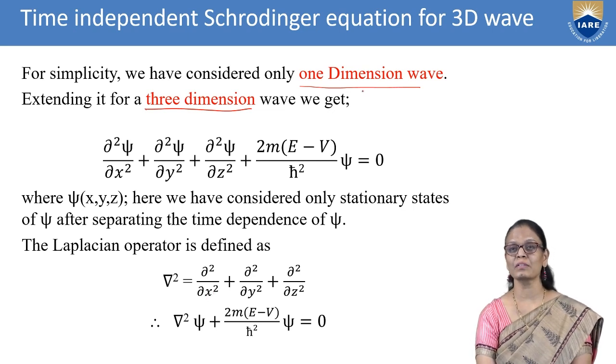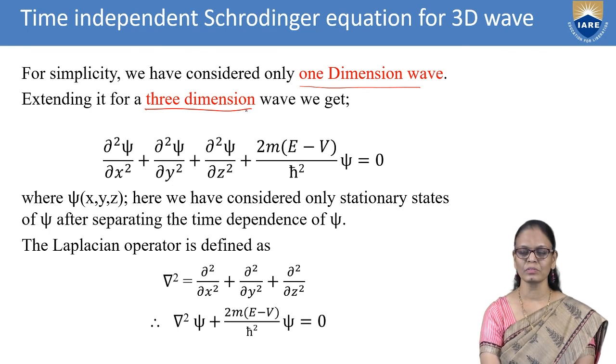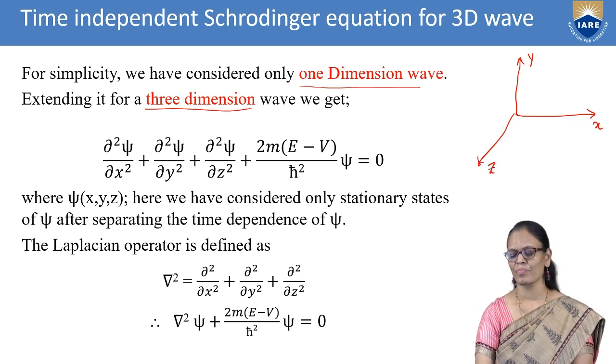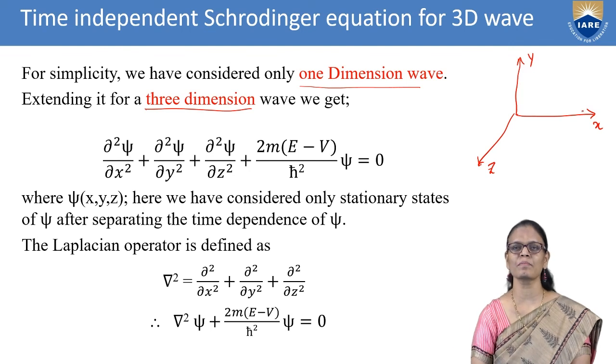So we should be able to extend this expression, the Schrodinger wave equation, to three dimensions. So how do we extend it? We are going to now take the derivative with respect to y and also z, because when I talk about three dimensions, x, y and z. Now I have taken along the x-axis, then I have derived only in terms of x.